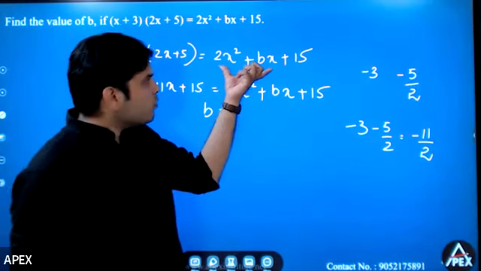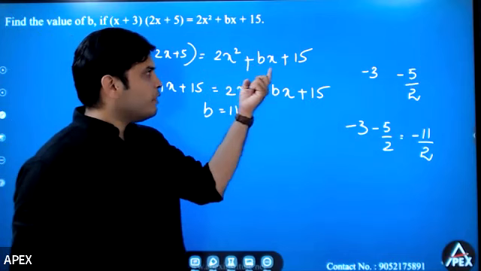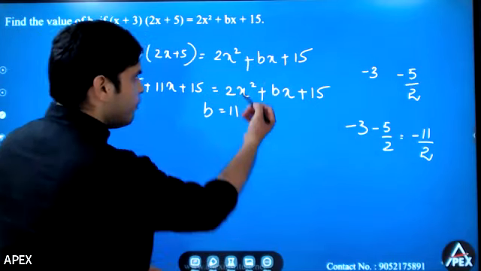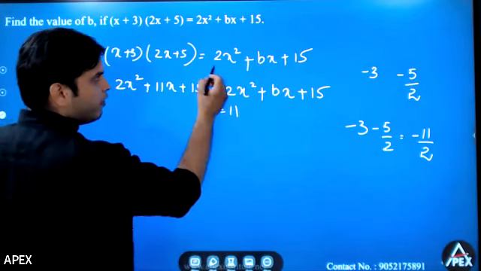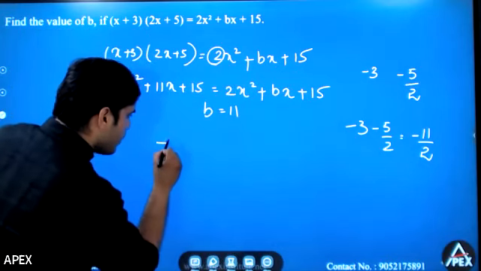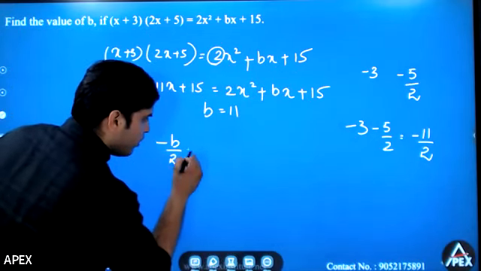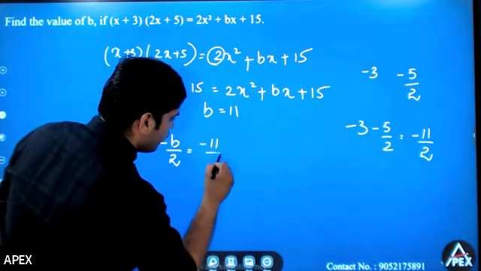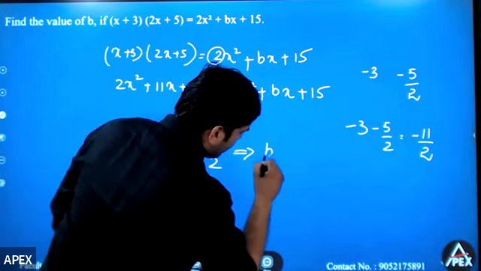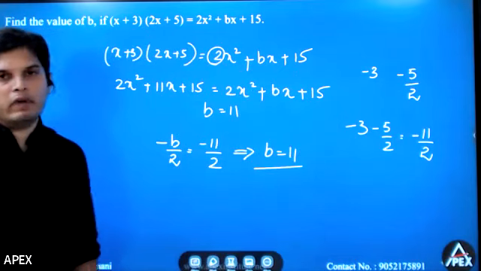Now in this quadratic equation 2x square plus bx plus 15, what will be the sum of the roots? Minus b by a, where the value of a is 2 here. So minus b by 2 is equal to minus 11 by 2, or this implies b is equal to 11.